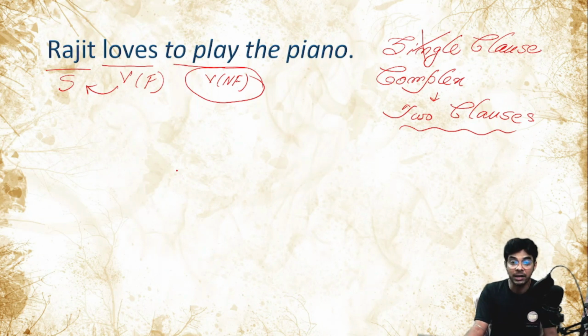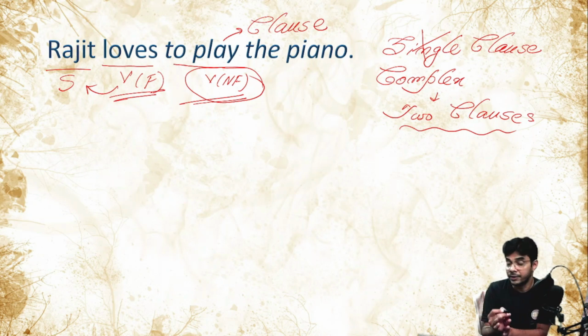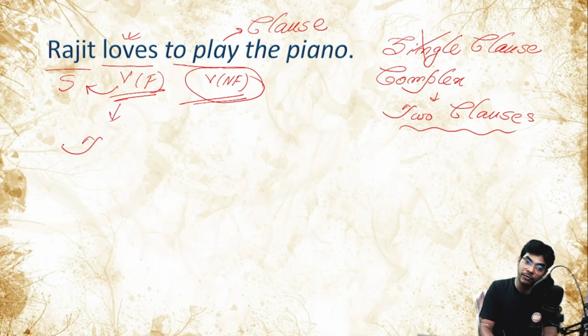So if you have a non-finite verb, obviously you have a clause here as well, but this one is not of the same characteristics or same status as the verb loves has. So it contains a clause that we would say is a finite clause because it has a finite verb.